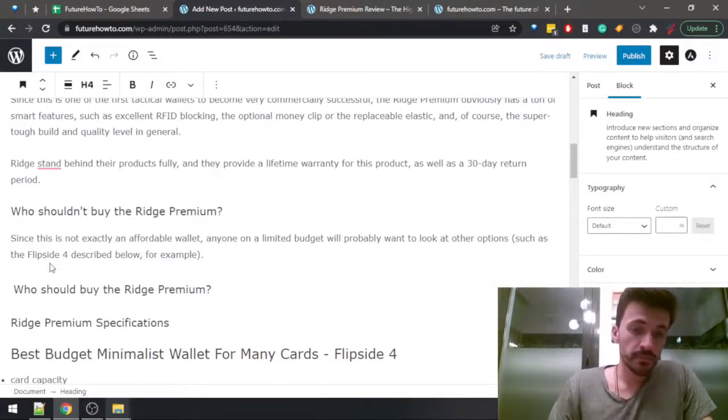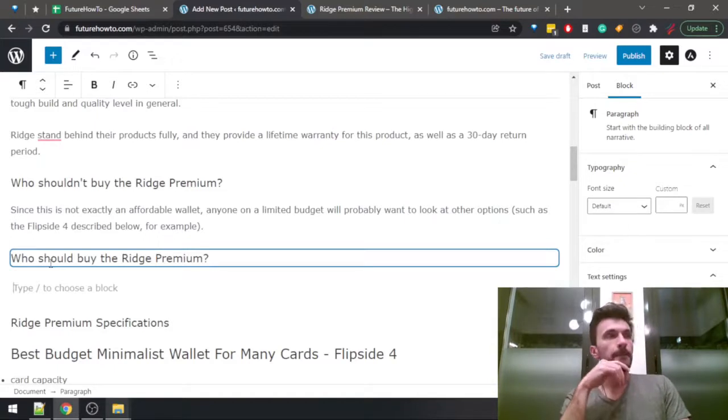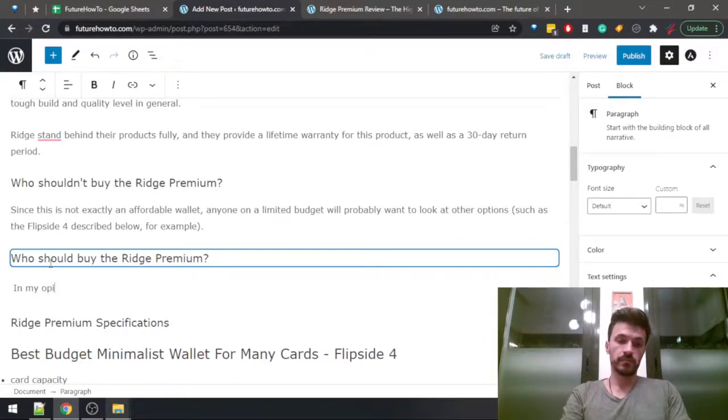Who should buy the Ridge Premium? Okay, this is our chance to shine here, so maybe we can say, in my opinion, it's very simple.